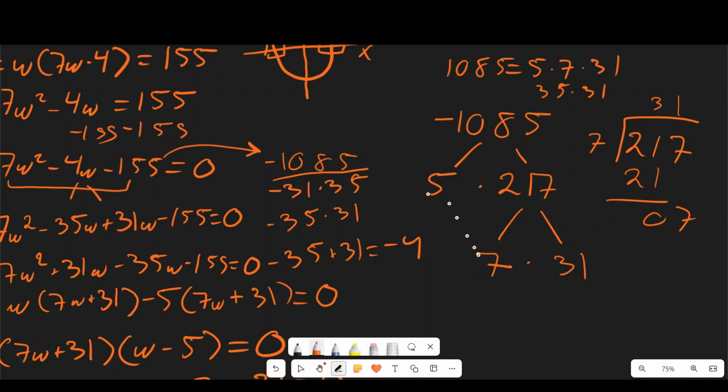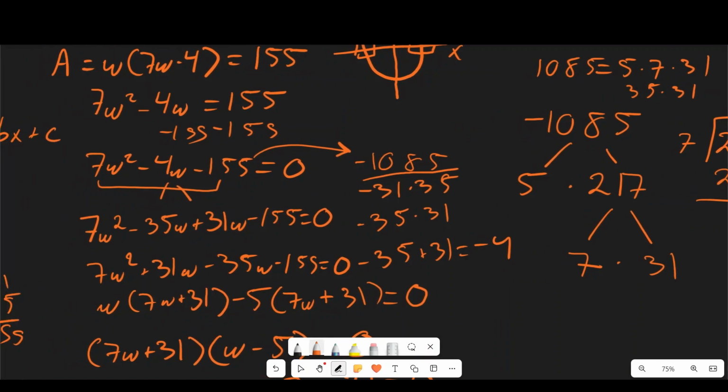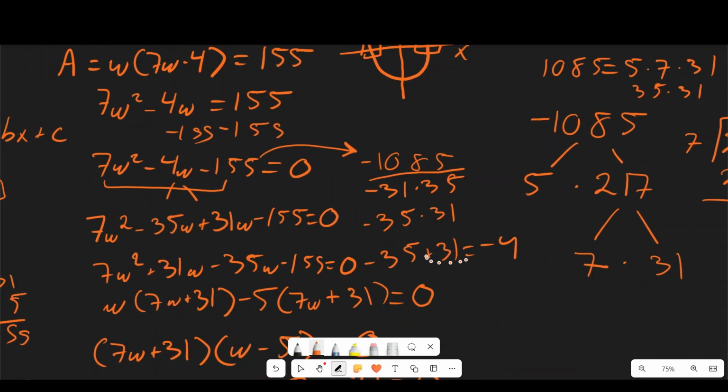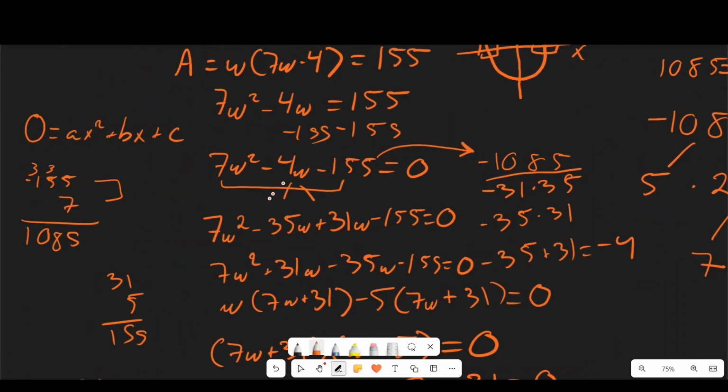We figured out that our pair that equals negative 4 when added together and multiplies into negative 1085 was negative 35 times 31. Then we added those two numbers into our main equation. We had to swap the position of these two numbers so that we could continue factoring.